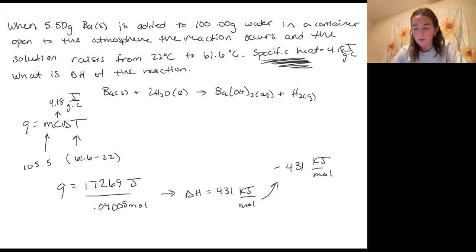We got 17,269 because we plugged in the 105.5 grams multiplied by the specific heat multiplied by our delta T. We solved the mc delta T portion of Q equals mc delta T. We got the 0.04005 by using the 5.5 grams of barium and its molar mass to get to moles of barium. And then joules to kilojoules is 1000 joules equals 1 kilojoule.